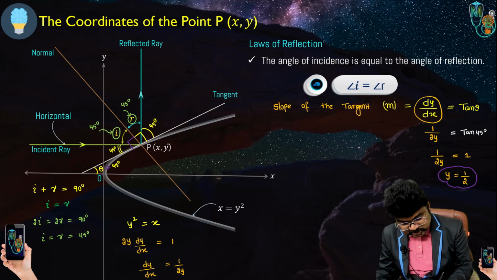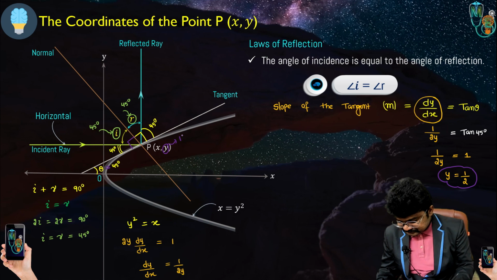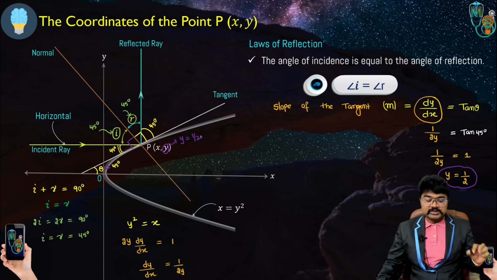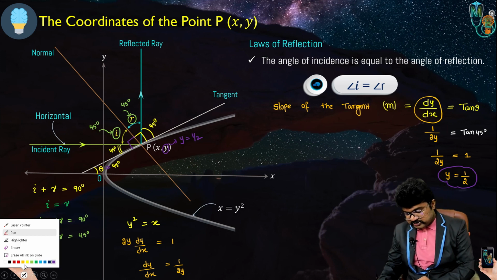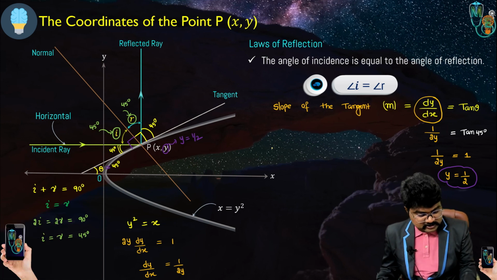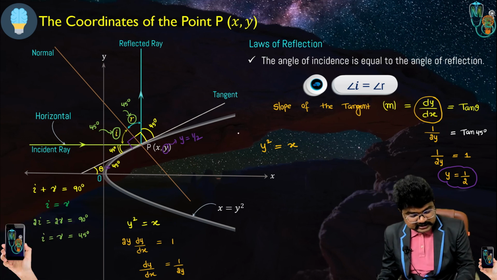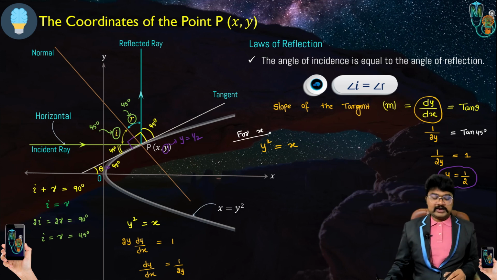If you get y equal to 1 by 2, then x equal to how much? You need to substitute that point in y square equal to x. We need to calculate for x.